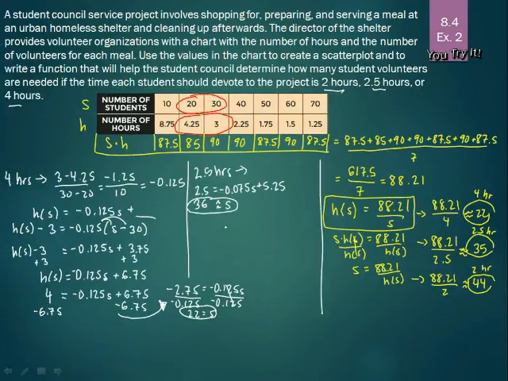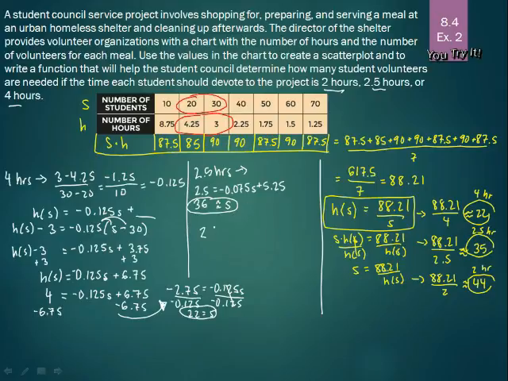So then using that exact same process, but for 2.5 hours, for our ratio, I went ahead and used 2.25 and 3 on the top, took the difference of those, and then the difference of 40 and 30 on the bottom. And using that, I got a rate of negative 0.075, and then using point slope form, I was able to get this equation, and solving it for s, I got approximately 36.